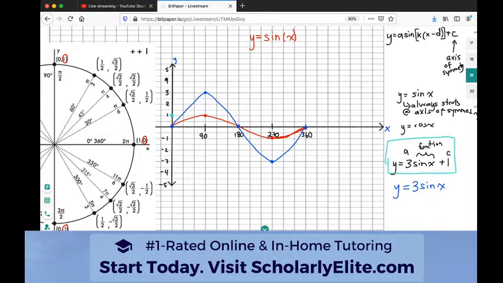Another way to think about this that's also easy is that you're just pushing the y values up by 1. So here the y value was 0, now it's 1. Here the y value was 3, now it's going to be 4. And so on and so forth. So here the y value at 270 was negative 3, now it's going to be negative 2.